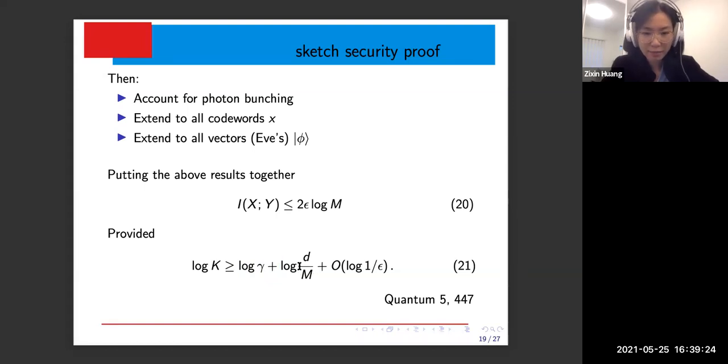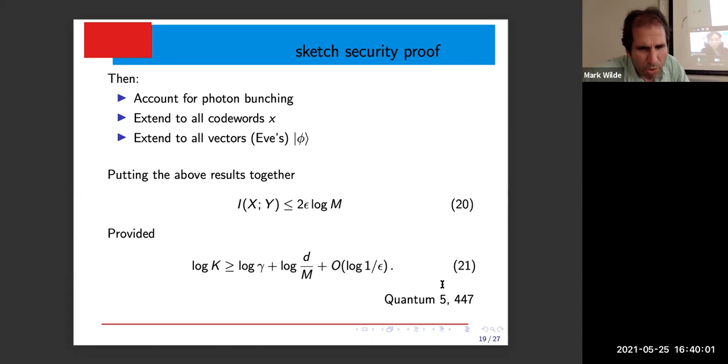Here d is the dimension of the entire Hilbert space of n photons in m modes, and d is larger than m, especially if we're not in the boson sampling regime. In the boson sampling regime, this number approaches 1. And you have a term proportional to log of 1 over epsilon, where epsilon is a security parameter.